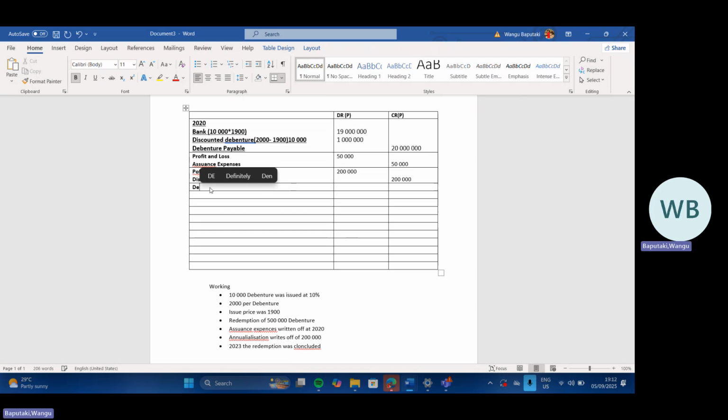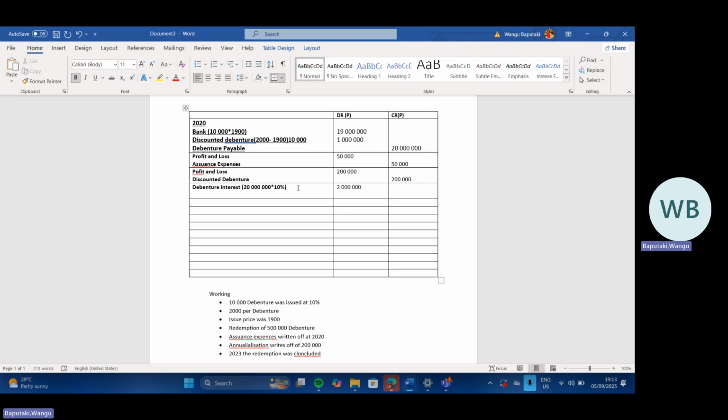So I'm debiting debenture interest with 2 million, and I credit bank or cash.